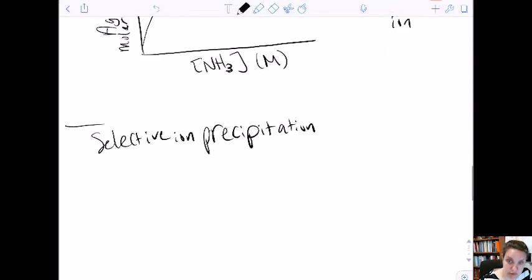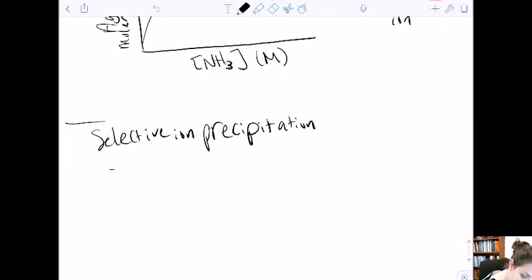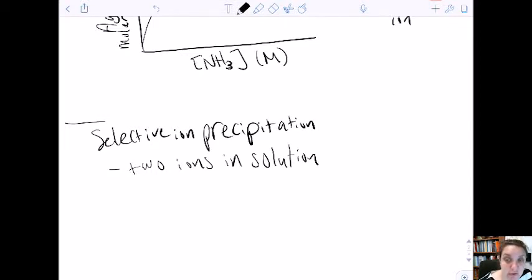So if we have two ions in solution, you can take advantage of the KSP of salts that they form to cause one ion to precipitate over another one.